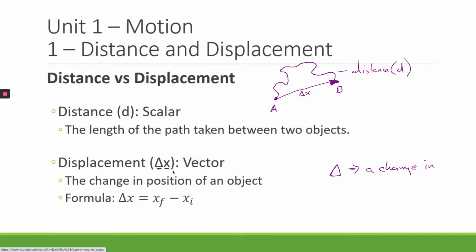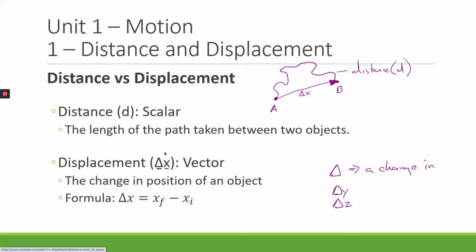And in this case, we have a change in x position. So we have delta x, that's a change in the x position. You could also have a displacement of delta y, and that would be your change in y position. You could have delta z, that would be your change in z position. All those would be fine.